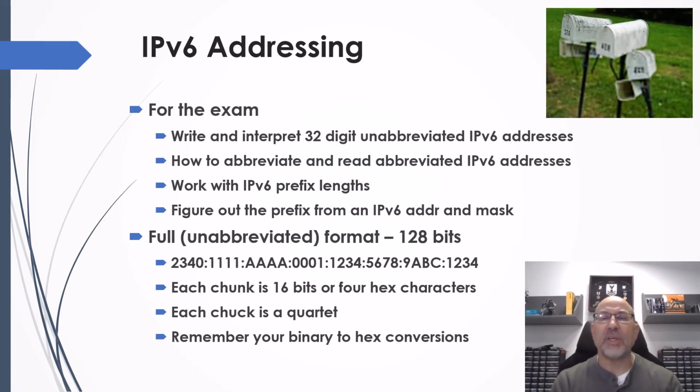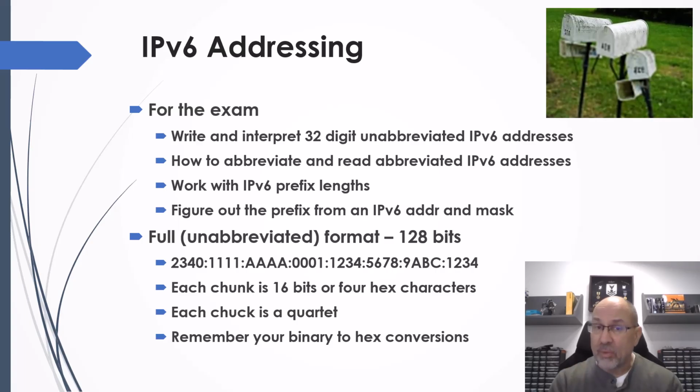So these are the kinds of things that you have to do for the exam. You have to be able to write and interpret a 32-digit abbreviated and unabbreviated IPv6 address. So IPv6 is 128 bits. You might be able to rewrite an IPv6 128-bit address in 32 hex digits.